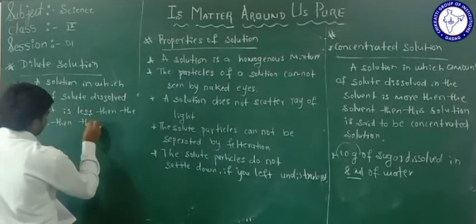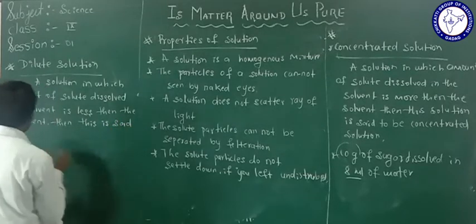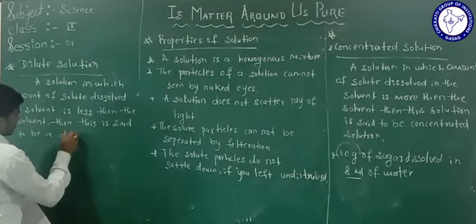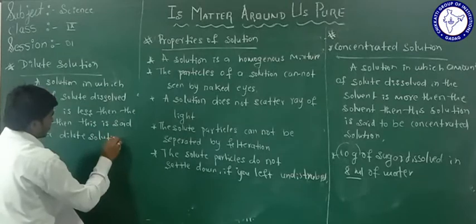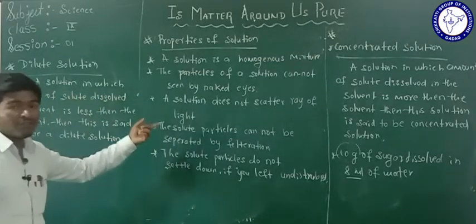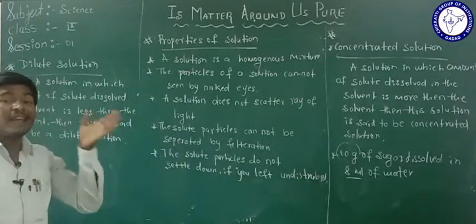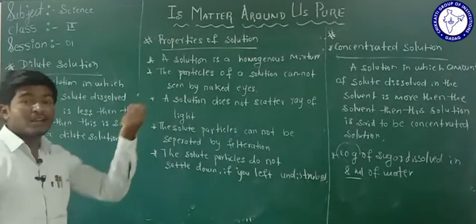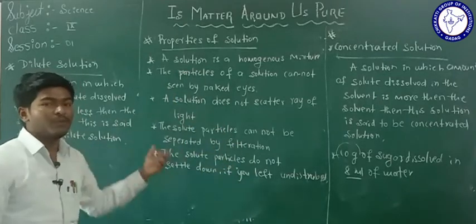This is said to be a dilute solution. See, what is a dilute solution here? A solution in which the amount of the solute dissolved in the solvent is less than the solvent, then that solution is called a dilute solution.